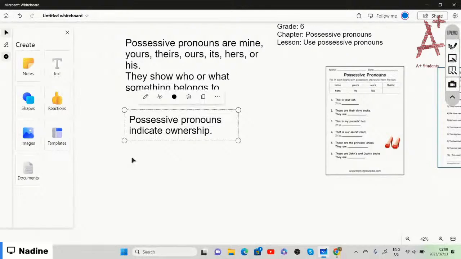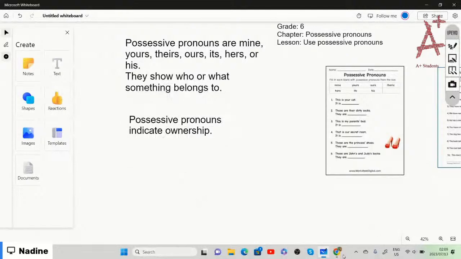If the ball belongs to you and you take the ball to the soccer field, it is still your ball. You would then say that the ball belongs to me. It is my ball, because it indicates ownership, you being the owner of the ball.